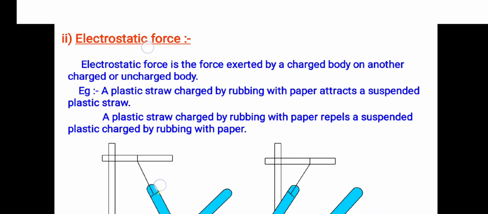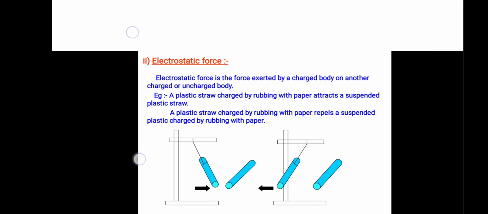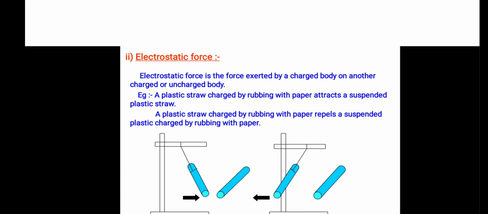Look at the figure. A plastic straw charged by rubbing with paper attracts a suspended plastic straw. Then a plastic straw charged by rubbing with paper repels a suspended plastic straw charged by rubbing with paper. So, electrostatic force.